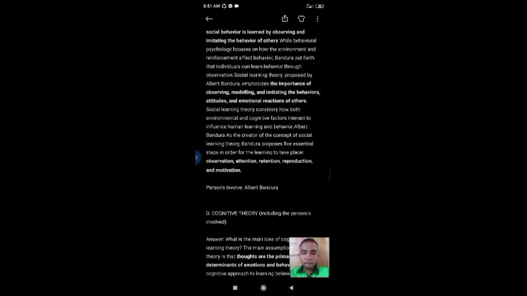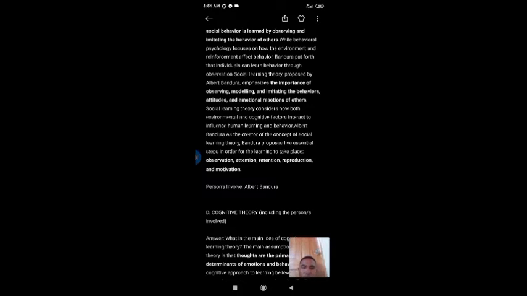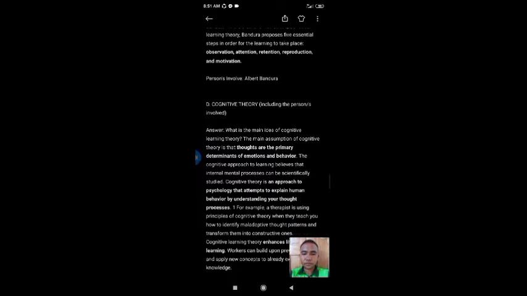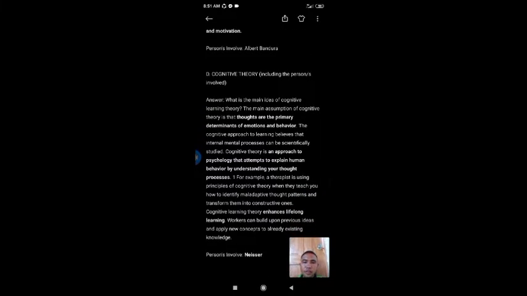So letter D of this number 2 is cognitive theory. What is the main idea of the cognitive learning theory? What comes to our mind when we hear the theory? The main assumption of cognitive theory is that thoughts are the primary determinants of emotion and behavior.